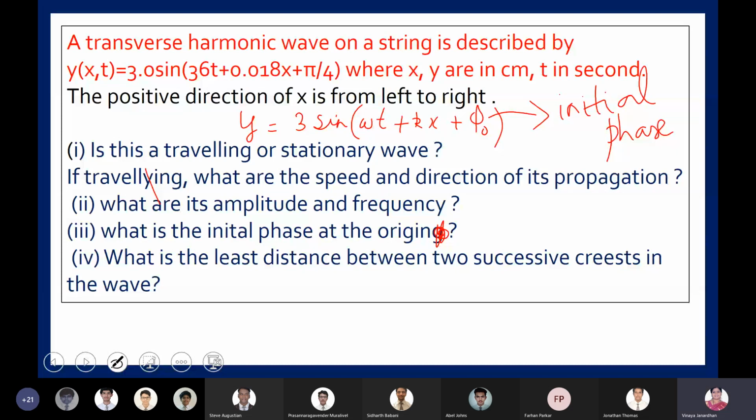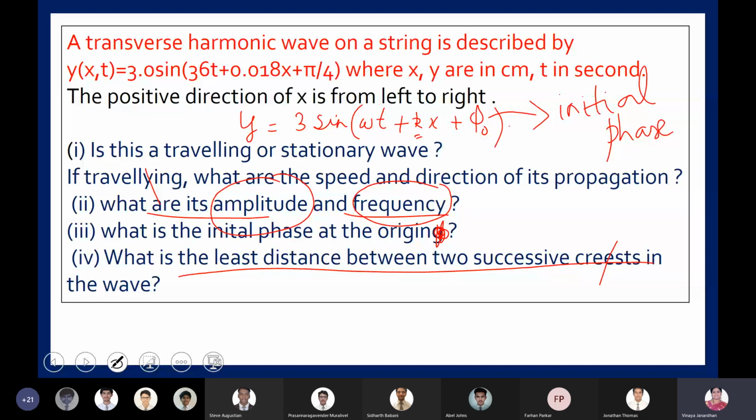You know how to calculate the amplitude. First, go for the amplitude and the frequency. Phi 0 is the initial phase. Amplitude and frequency, you should know how to calculate. Amplitude is direct. You go for angular frequency omega, then you calculate linear frequency nu, then you find what is k. Then what is the least distance between two successive crests in the wave?